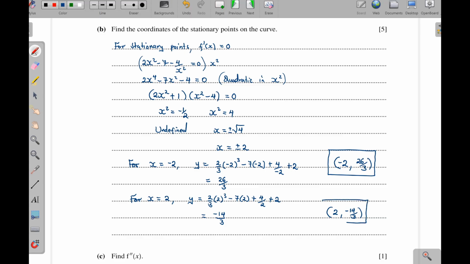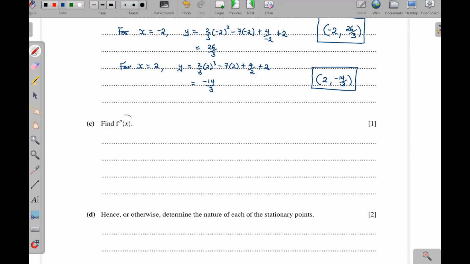And that is that. Then part C, find f double prime of x. So of course this one, you are differentiating what is already differentiated. Okay, so f prime of x, remember, was given as 2x squared minus 7, then minus 4x to the power of -2.